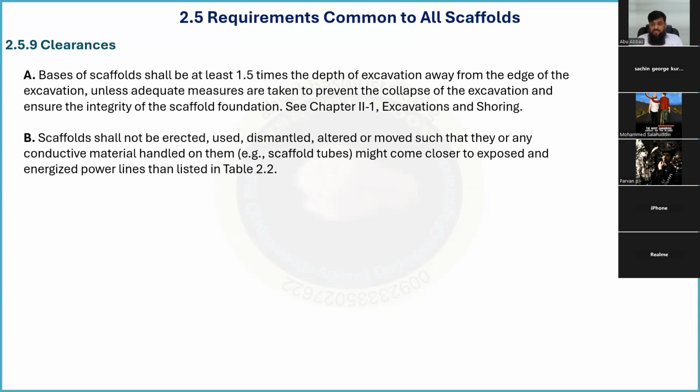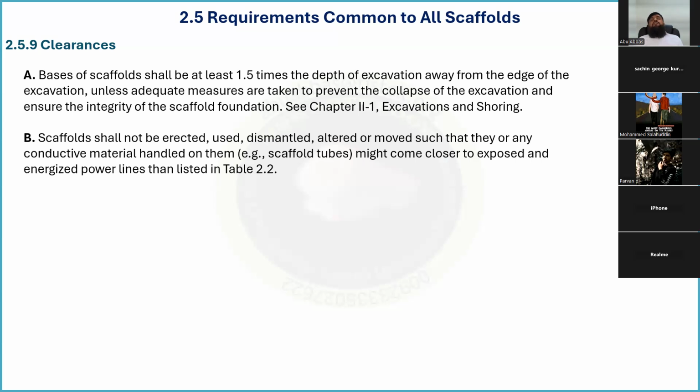For example, during erection, or maybe later on, if we do another work, we handle another metal, rebar, something on that scaffold. So what will be the expected length of that material, where up to maximum it can go? From that expected point to the power lines, we have to maintain distance according to table 2.2.